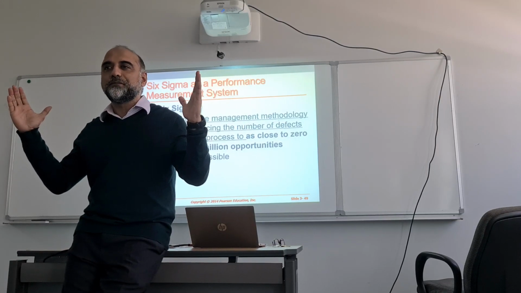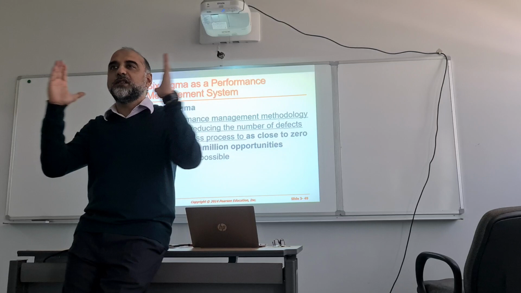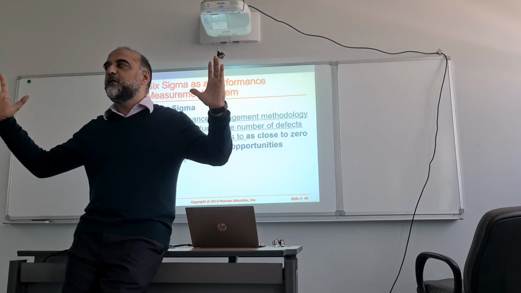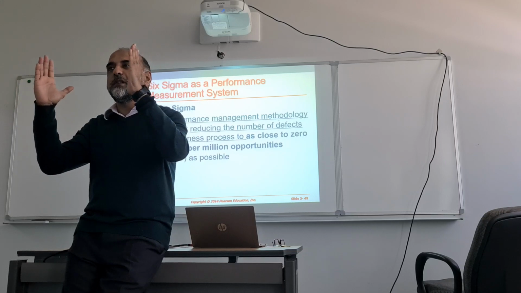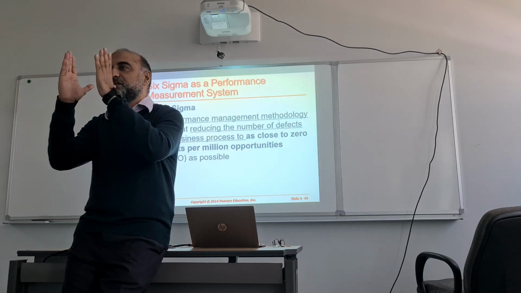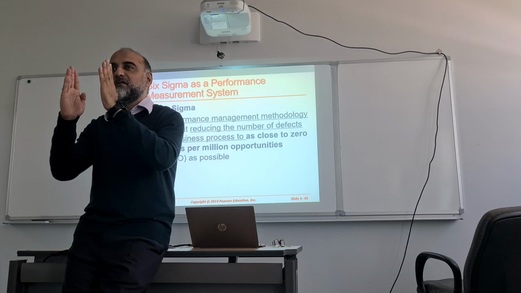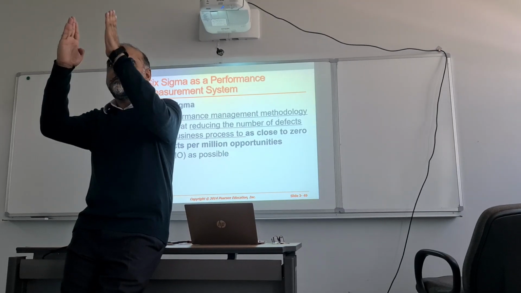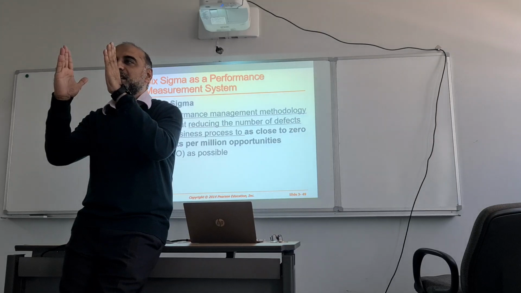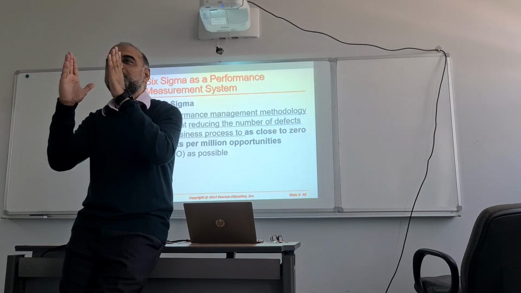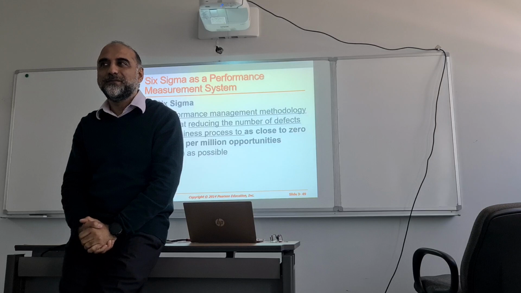So what does that mean? Imagine this is the distribution, this is what I want. I improve my process so much, improving meaning that the variation becomes less and less. Now this is what I want, and this is my 3 sigma here, 3 sigma here, 6 sigma covering. Meaning 99.99% of the time I'm doing it correctly.